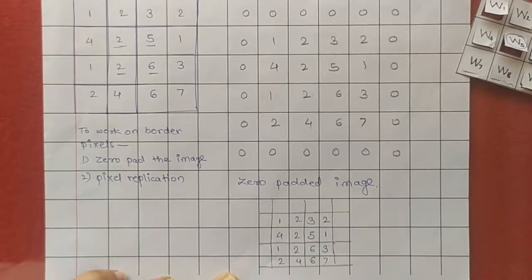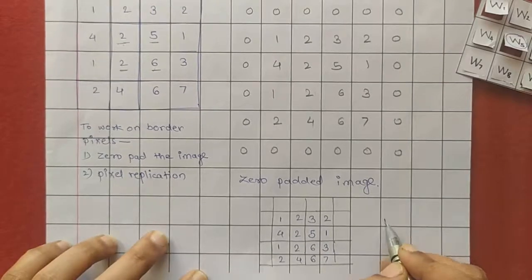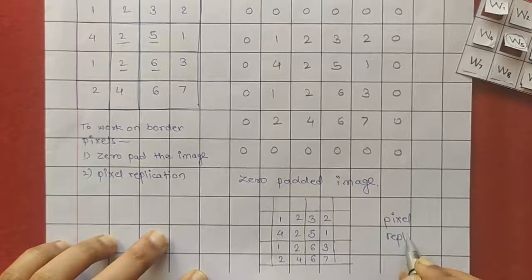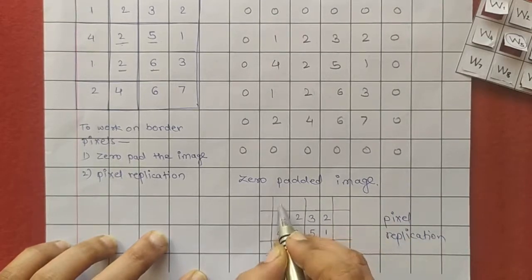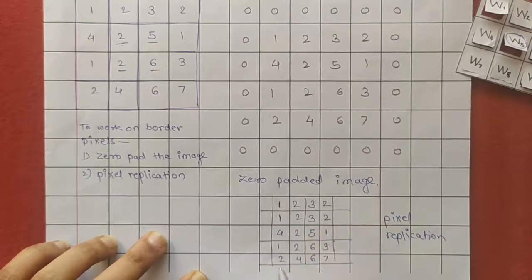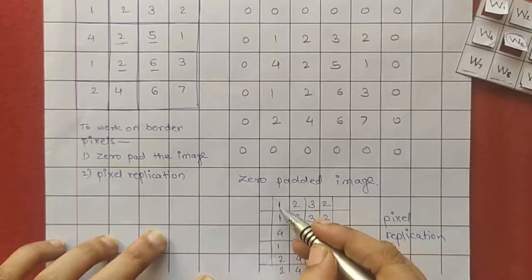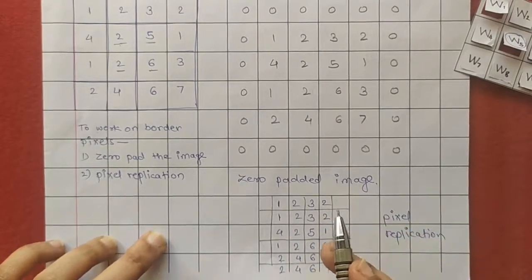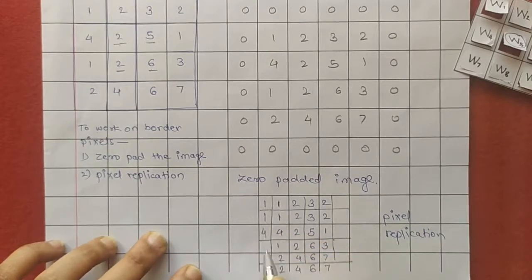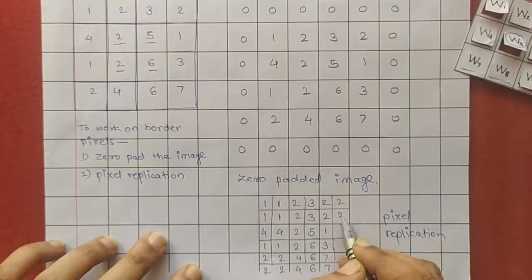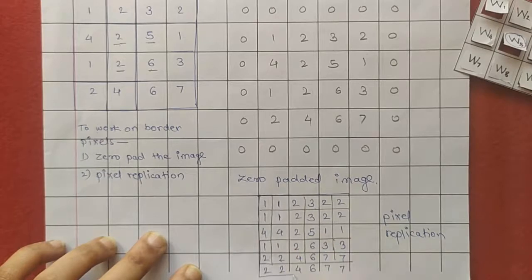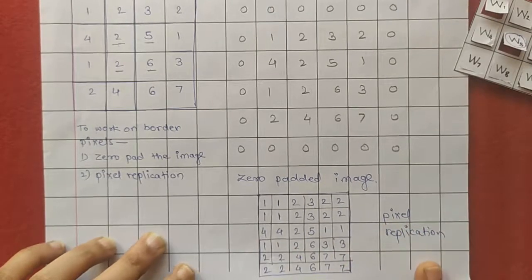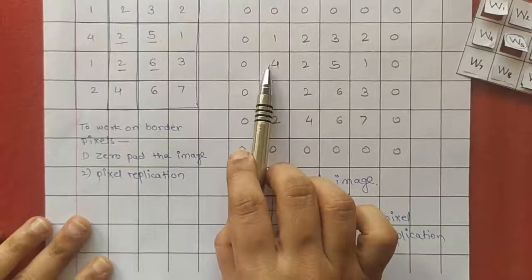This is our original image. In pixel replication, we replicate the first row as it is here, 1 2 3 2, then the last row as it is here, 2 4 6 7, and the first column and last column as they are. So it will become 1 1 2 3 2 2, 4 4 2 5 1 1, and so on, ending with 2 2 4 6 7 7. This is our image after pixel replication.